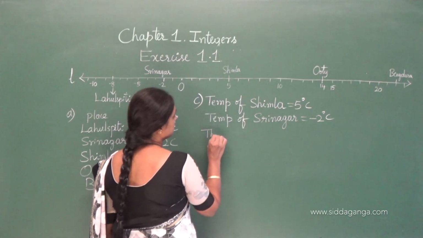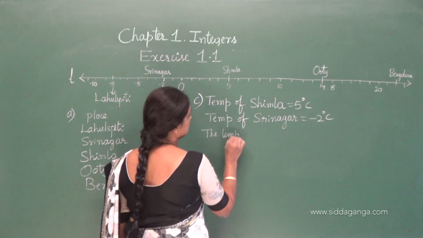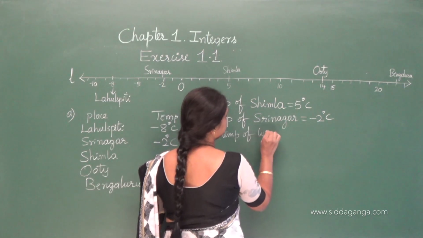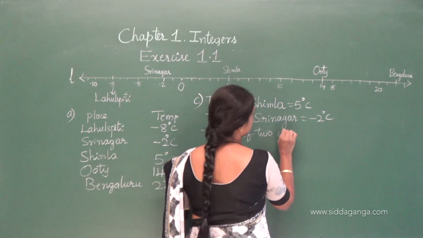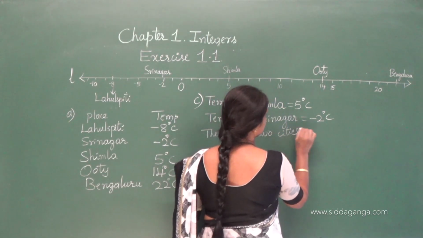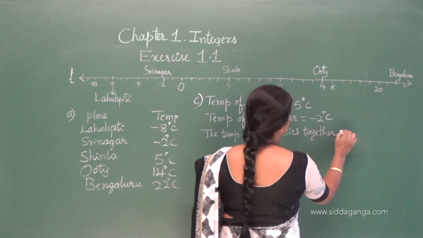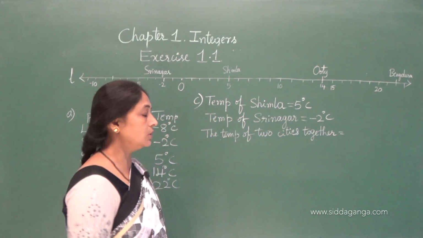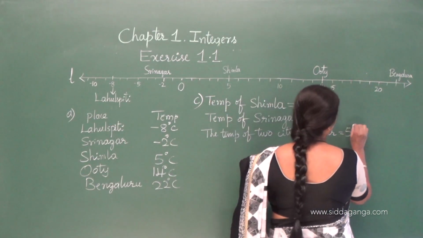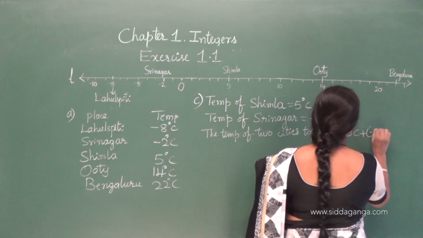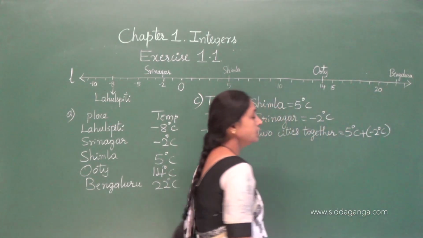The temperature of two cities together means we have to add both of them: 5 degrees Celsius plus minus 2 degrees Celsius.